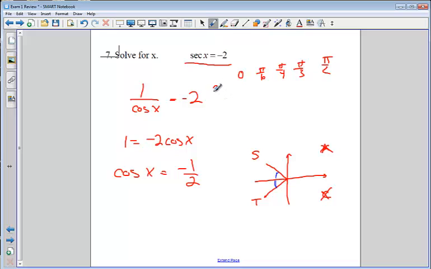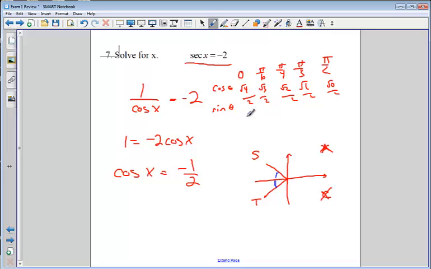And then I have cosine of theta, and I have sine of theta. I just have to remember the cosine of 0 is 1, so this starts off root 4, root 3, root 2, root 1, root 0, and of course they're all divided by 2.